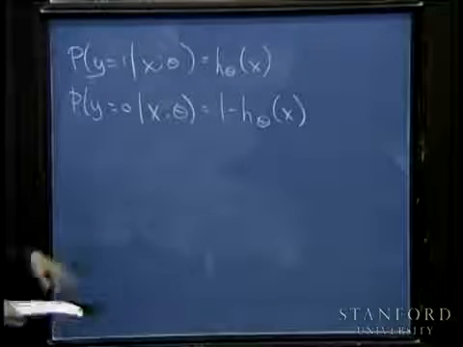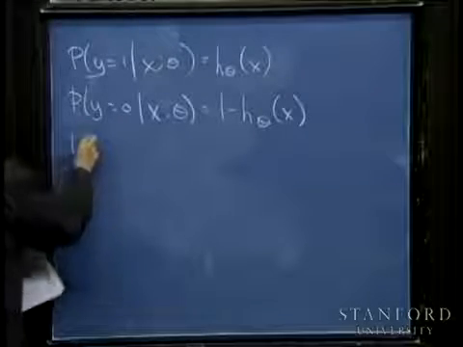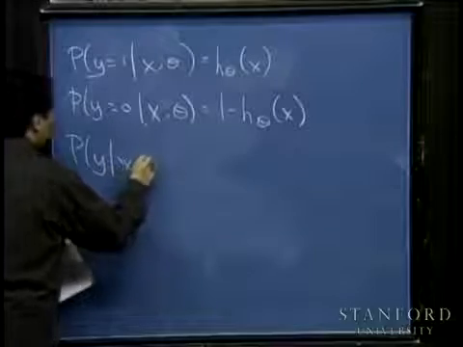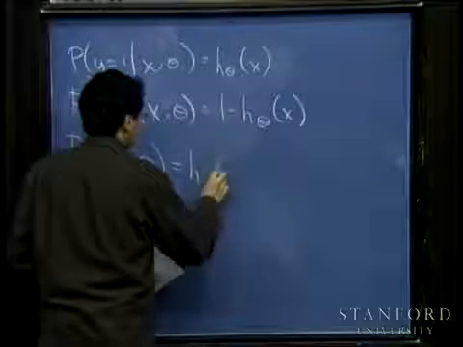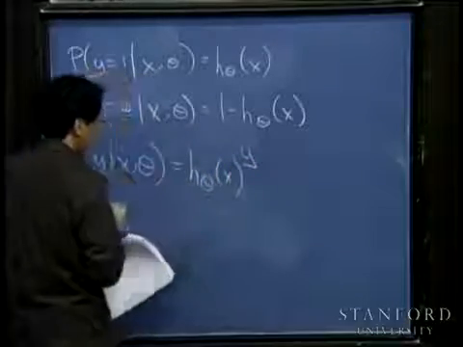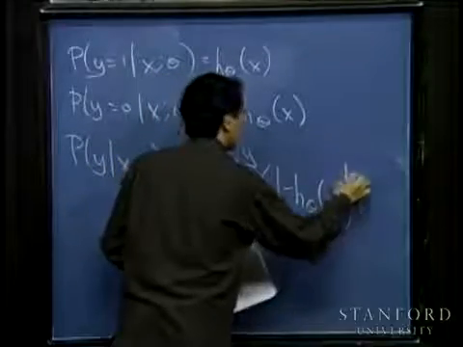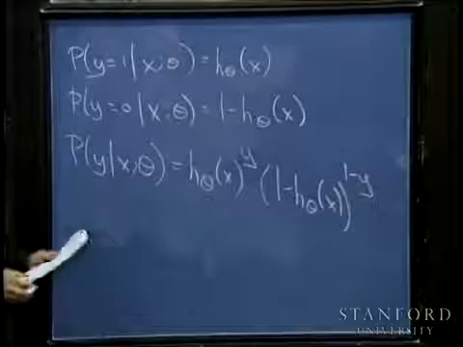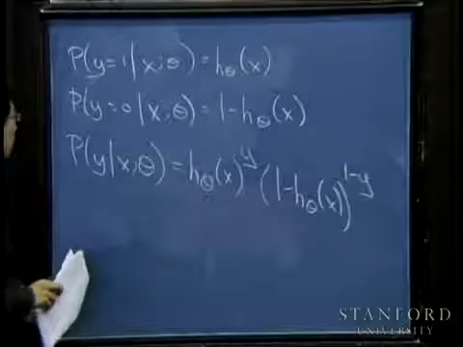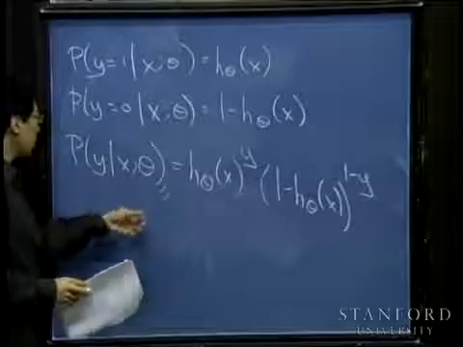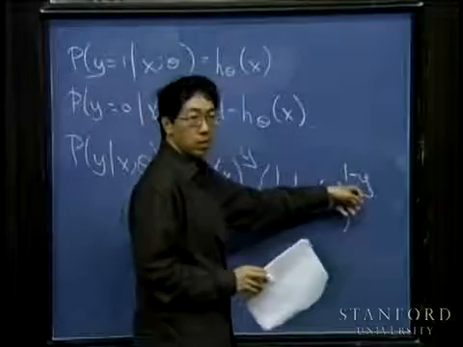So more simply, it turns out we can take these two equations and write them more compactly. I'm going to write p of y given x, parameterized by theta, as h subscript theta of x to the power of y times 1 minus h of x to the power of 1 minus y. I know this looks somewhat bizarre, but this actually makes the derivation much nicer. So if y is equal to 1, then this is h of x to the power of 1 times something to the power of 0.